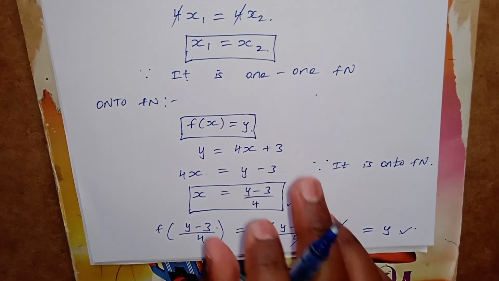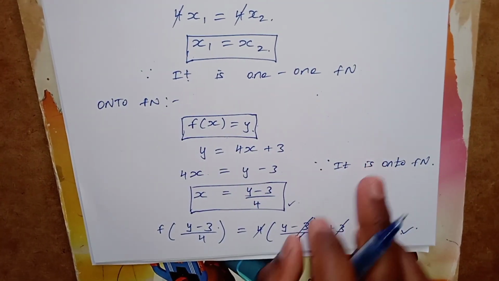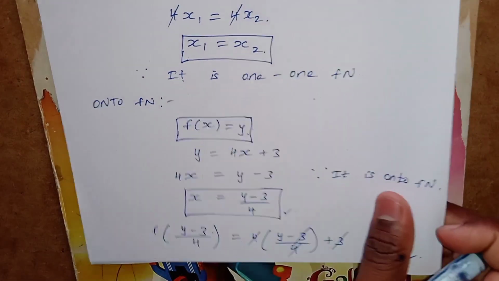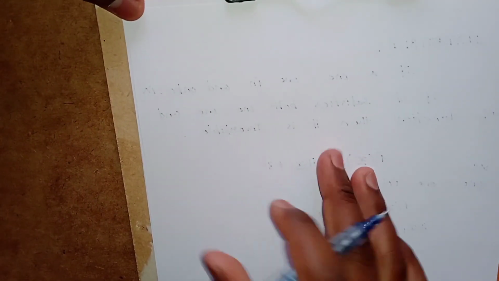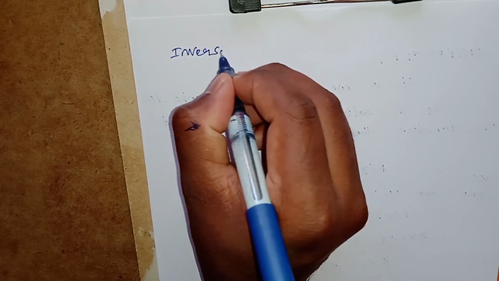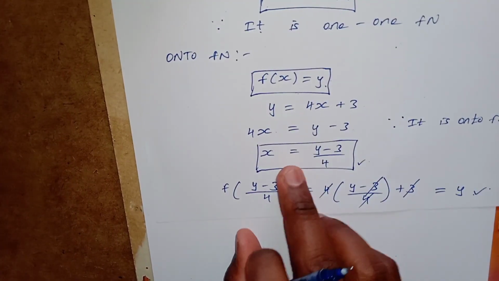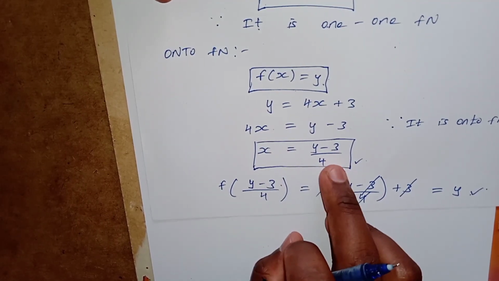Okay, if it satisfies both one-one and onto, then it is invertible. Once you have found that it is invertible successfully, you have to find the inverse. The inverse is nothing but taking x in terms of y. This is my inverse function.